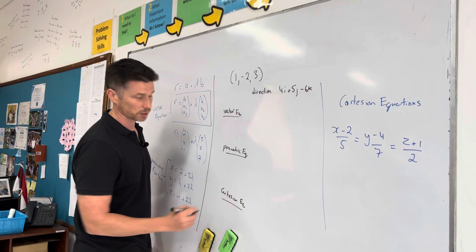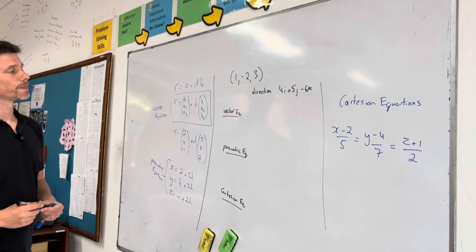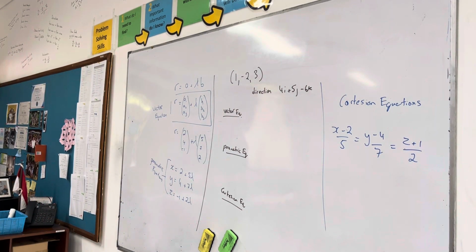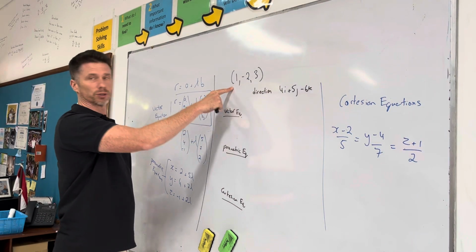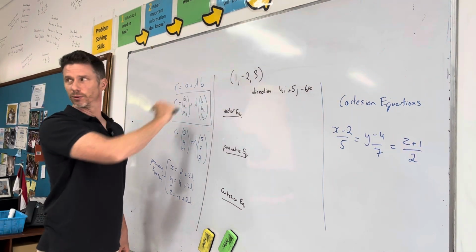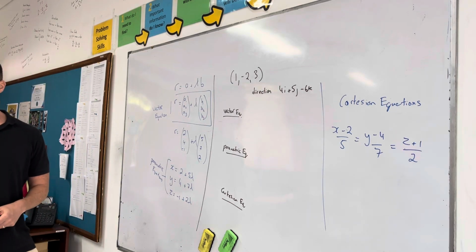So the point is the position vector? Yes, you could think about it like that, because it's a position relative to 0, which is 1 away, minus 2 away, and 3 away. So r equals the position vector 1, minus 2, 3.